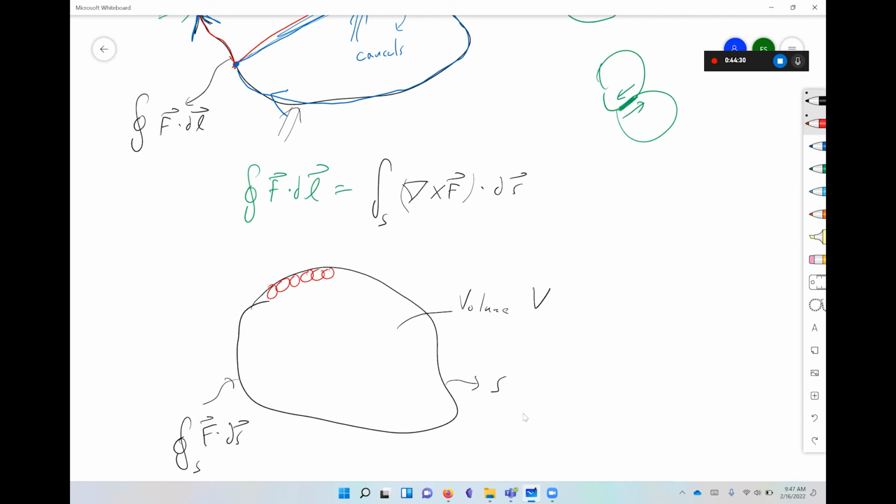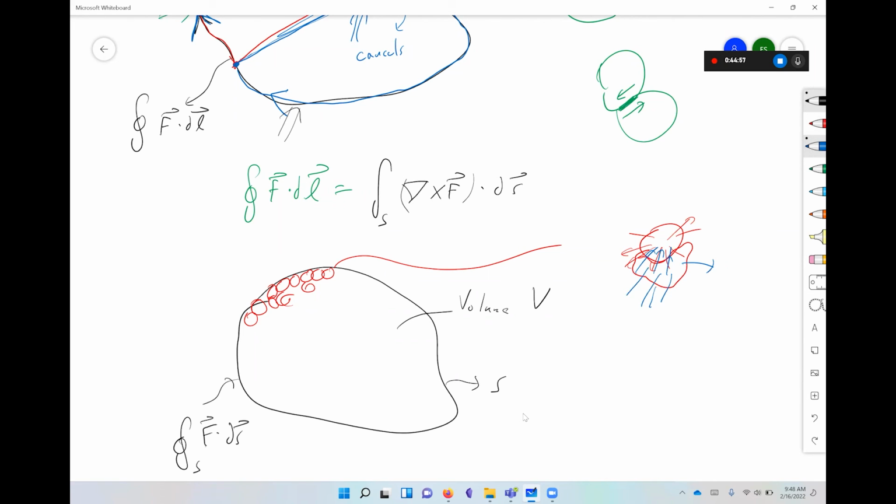I can first divide the volume into two volumes. The sum of the flux of the two volumes is going to be the same as the bigger volume because where the volumes meet, it's going to cancel. So this is a bunch of small volumes. If I zoom in, I have volume 1, I have volume 2. Whatever flux is going out from volume 1, and then I have flux coming out from volume 2.